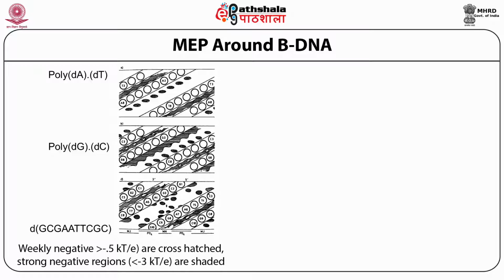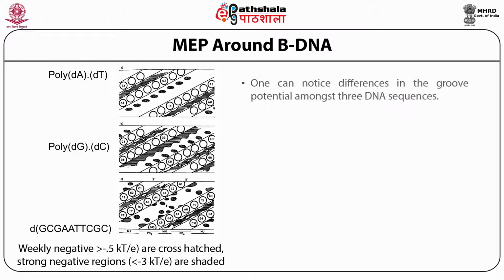In this picture, the weakly negative regions, where the potential is greater than minus 0.5 kT, are cross-hatched. Strong negative regions, which are less than minus 3 kT, are shaded. One can notice differences in the group potential among the 3 DNA sequences.